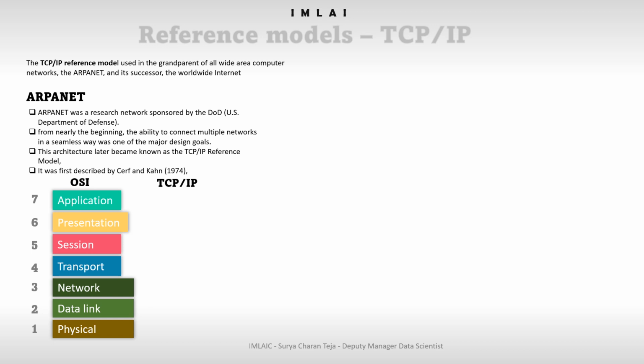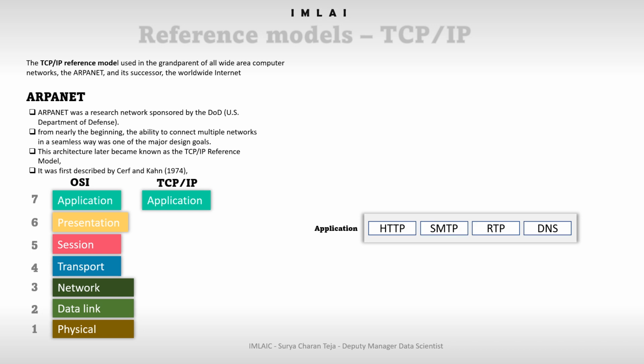How many layers will it consist of? Let us see. The application layer does exist. The TCP/IP model does not have a session or presentation layer, as no need for them was perceived.